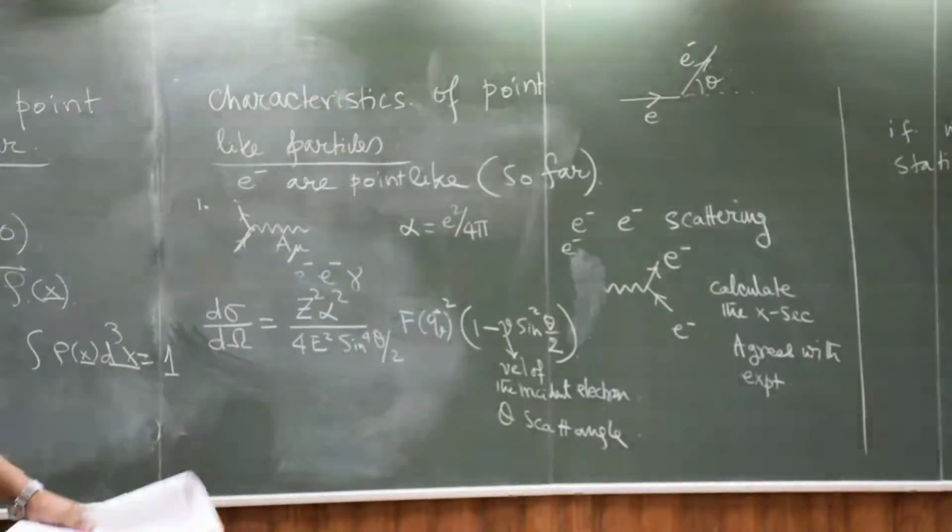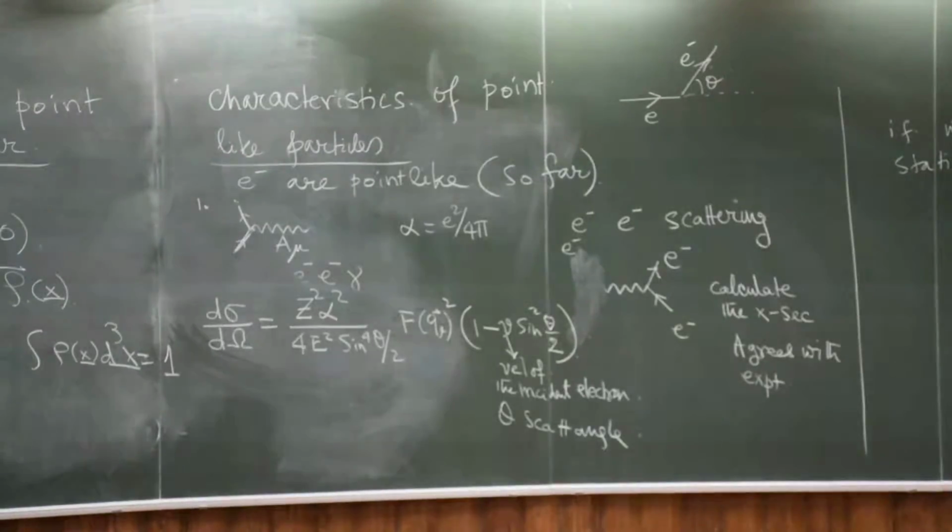Now can you recognize the remaining terms? At least by the sine to the power 4 theta by 2 in the denominator. Does it tell you of anything? What? This is Rutherford scattering.